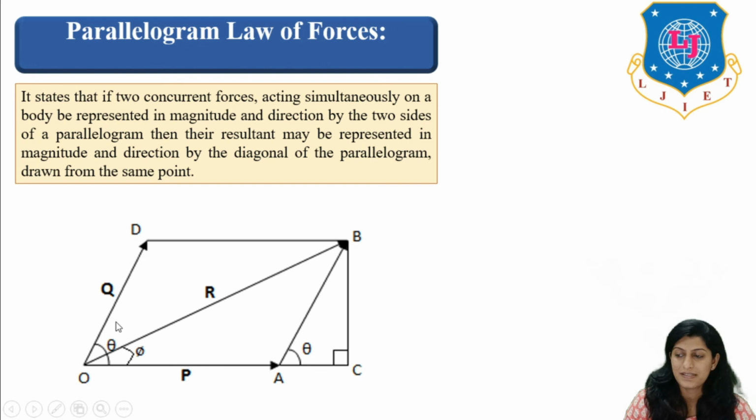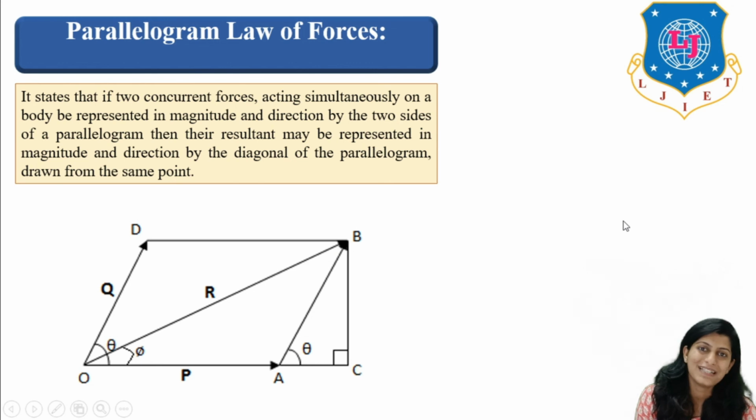So here, if you can see, Q and P are two forces which are acting as sides of the parallelogram. The resultant force can be represented using the diagonal of the parallelogram. So this particular law is the law of parallelogram for forces. I hope all the topics which we have covered today are quite clear.